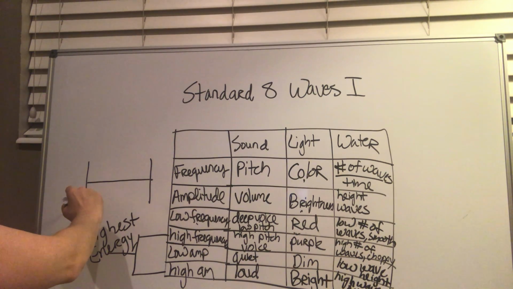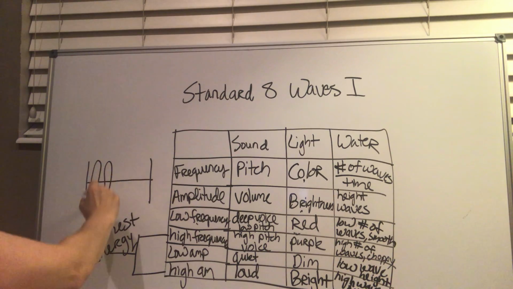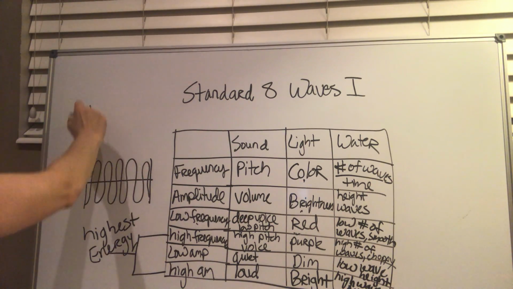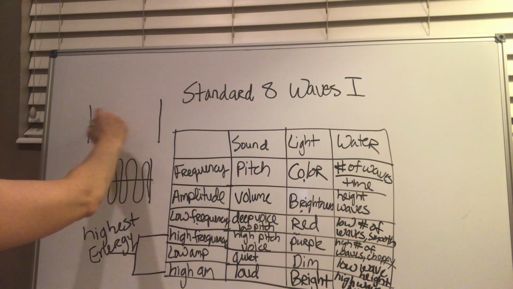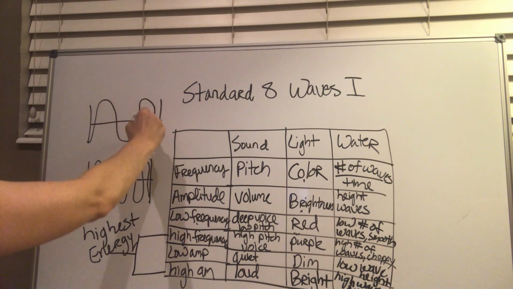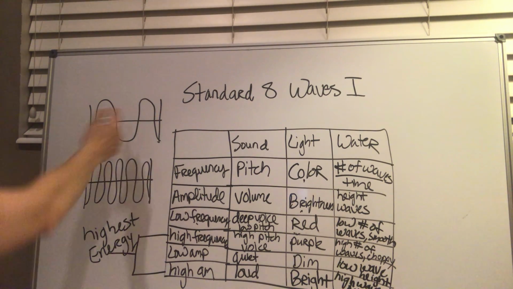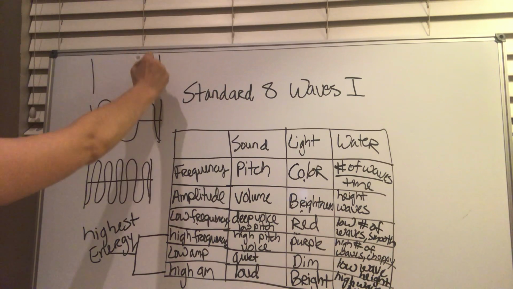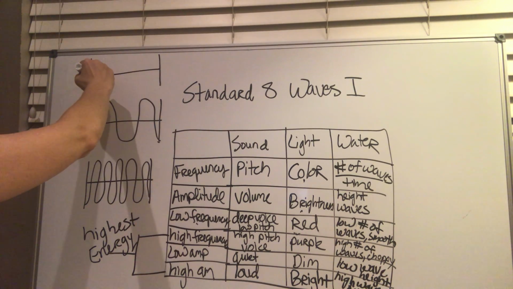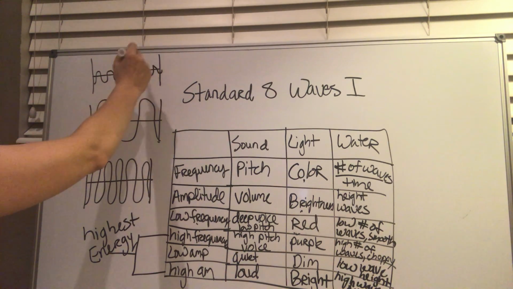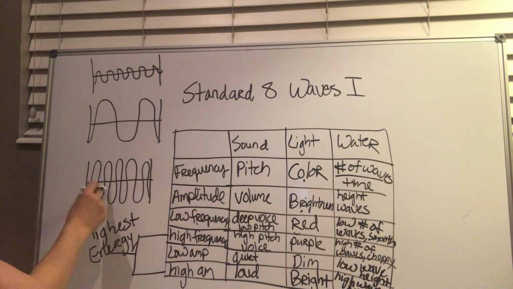Then you're going to want to identify a wave that has both high frequency and high amplitude, as opposed to a wave that, like this one, even though it has high amplitude, if it doesn't have as much frequency, then it's not as much energy. It's got to be both. And again, this one that just has frequency but not as much amplitude, that's not going to be as high energy as this example here.